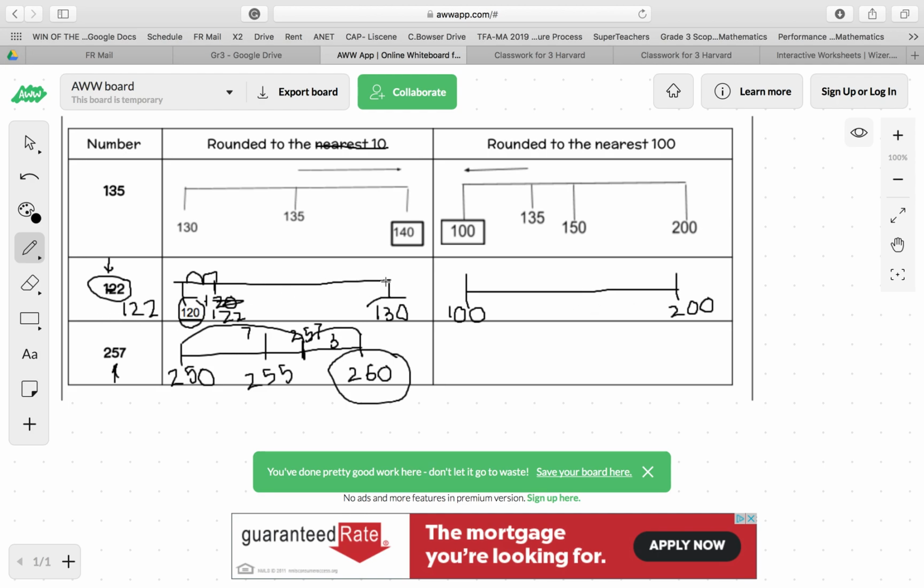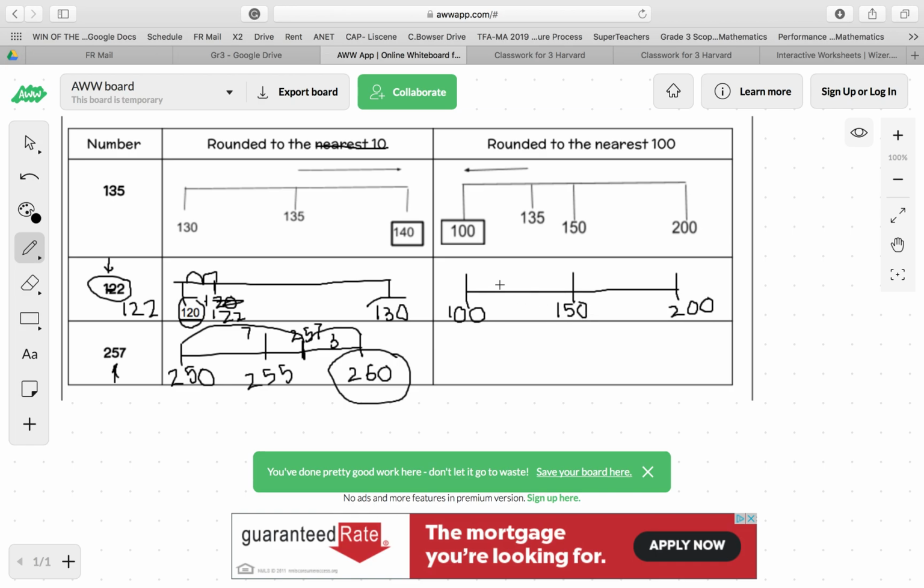I want you to plot that. Where would 122 go on this line? I'll give you a second to think. And if you're stuck, this is a good time to count up by tens, because we need to figure out where it is. We know halfway between is 150 from our number line above.